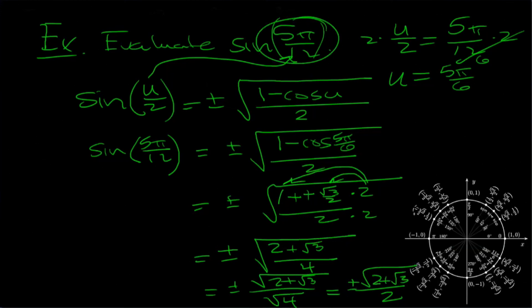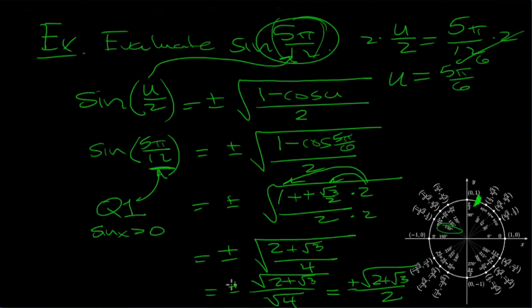So I'm going to have to go to 5 pi over 12 now. I know that 5 pi over 6 is 150 degrees. So what's a half of 150? 75. So I'm going to be here, which is in which quadrant? Quadrant 1. So this angle is in quadrant 1, and therefore sine would be positive. So sine of x would be greater than 0 in quadrant 1.